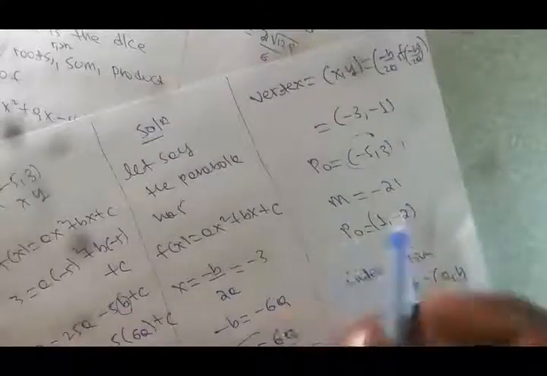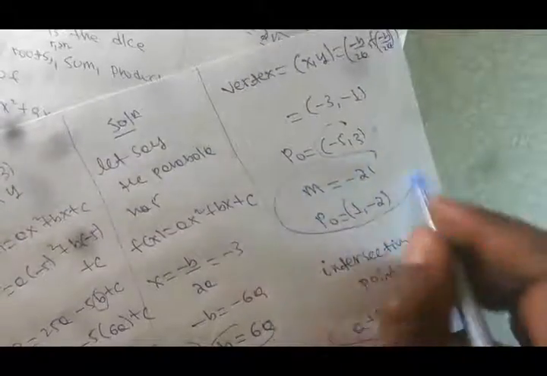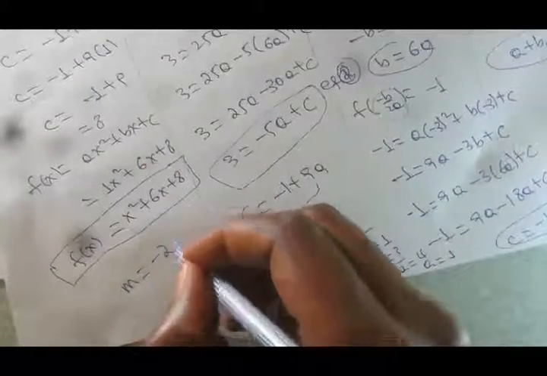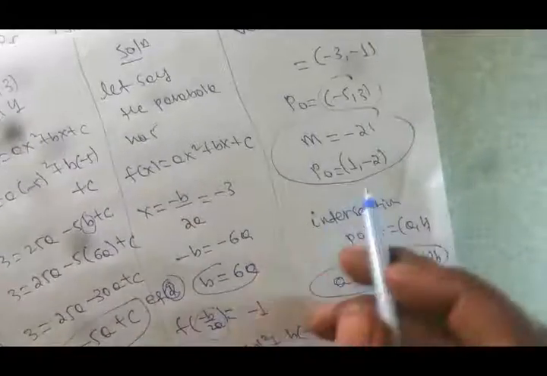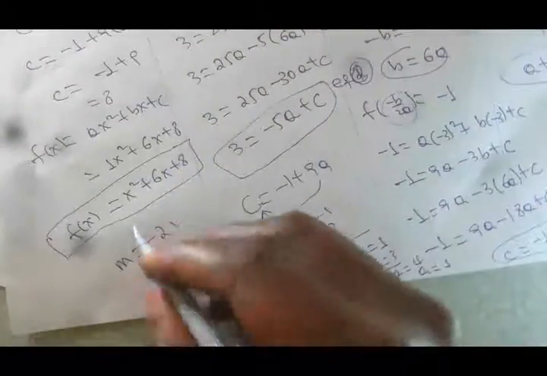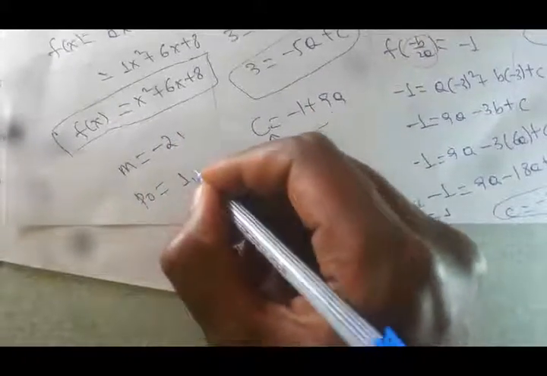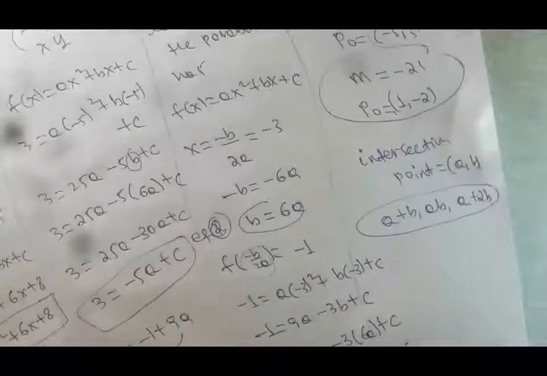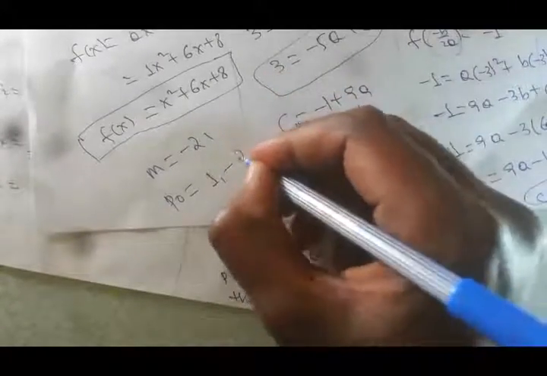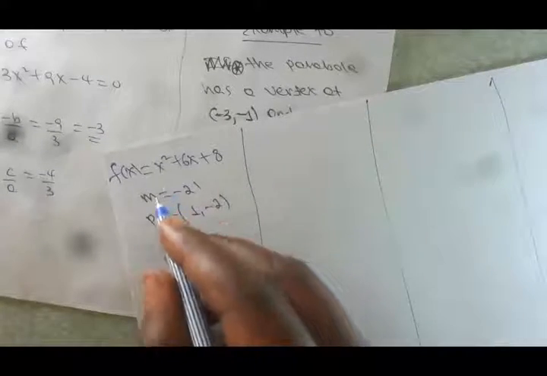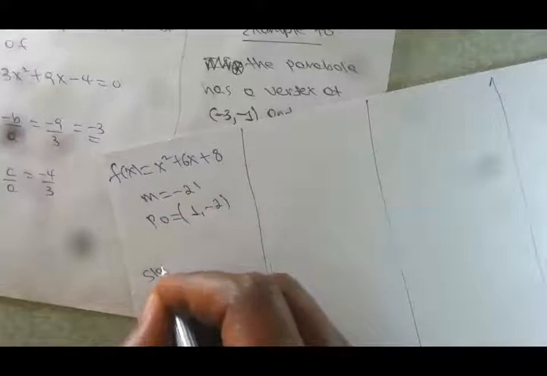And the second one is we are given a slope and a point. m is given as minus 1, and the second line L1 passes through the point 1, minus 2. First you have to know what slope means.